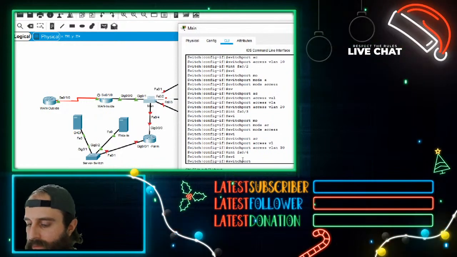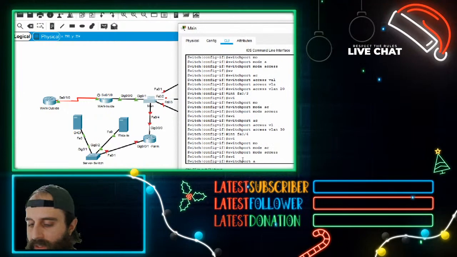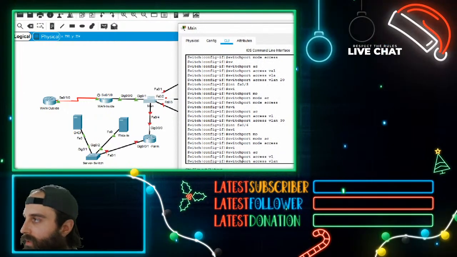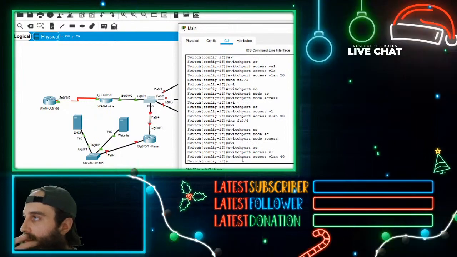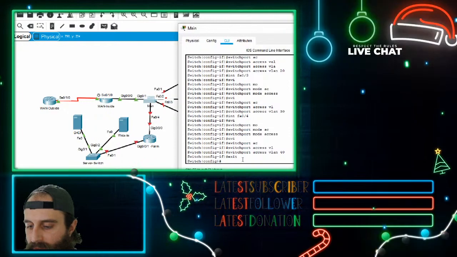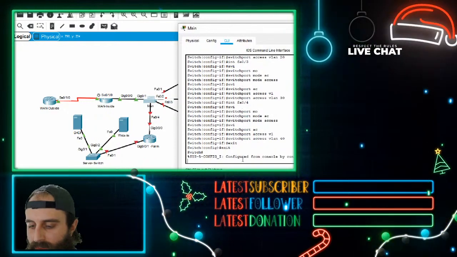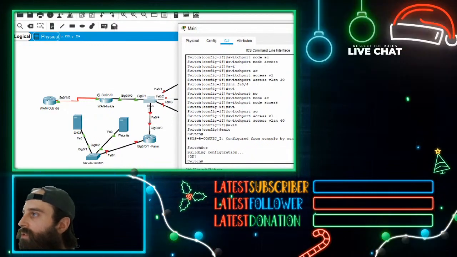Switchport mode access, switchport access VLAN 40. And that should be it. So let's exit. Exit. Let's write that configuration.